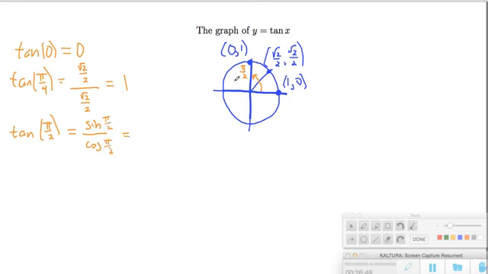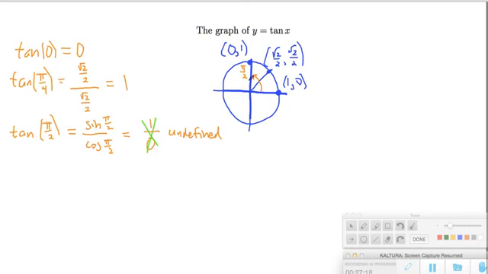The sine of pi over 2 is 1, and the cosine of pi over 2 is 0. So that's an indeterminate form. If you're trying to take tangent of pi over 2, it's going to be undefined. So we won't be able to draw a picture at that point. What's actually going to happen there is there's going to be a vertical asymptote.